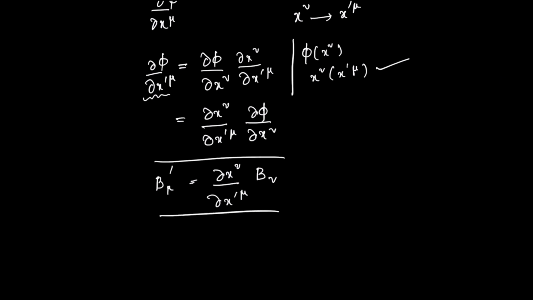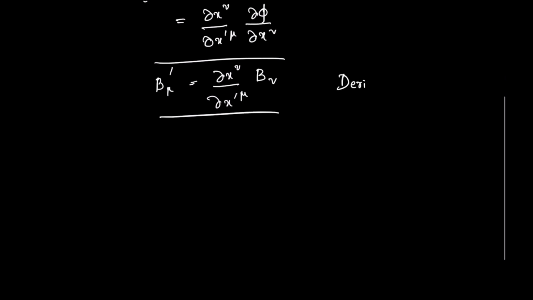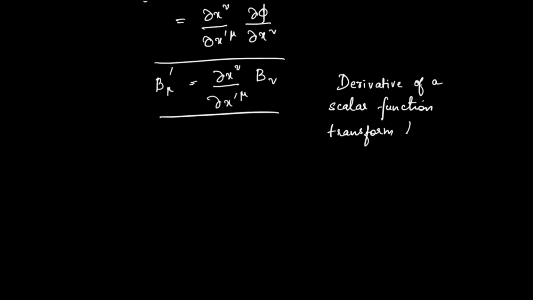Therefore, we can see that the derivative of a scalar function transforms like a covariant vector.